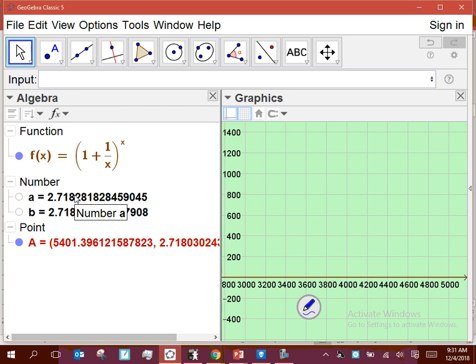Euler, I believe, was approximating this thing. He approximated it without any technology out to like 18 decimal places, and I believe he was using factorials to do that.